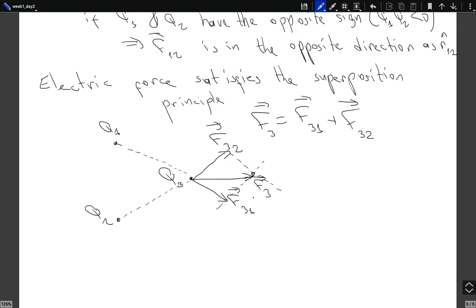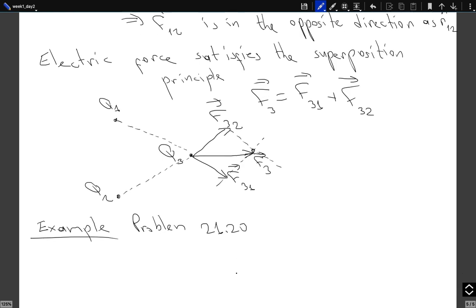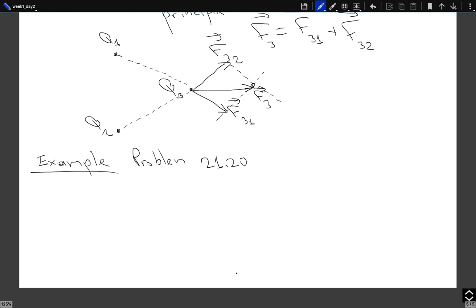So let's do a concrete example. This is problem 20 in your book. So there is a wall, and two charges are suspended from the wall.